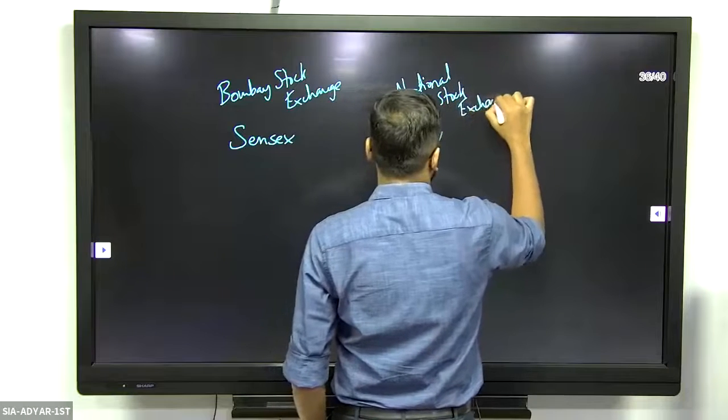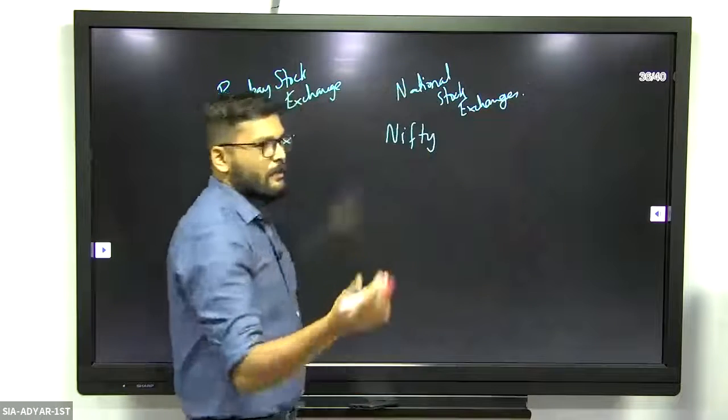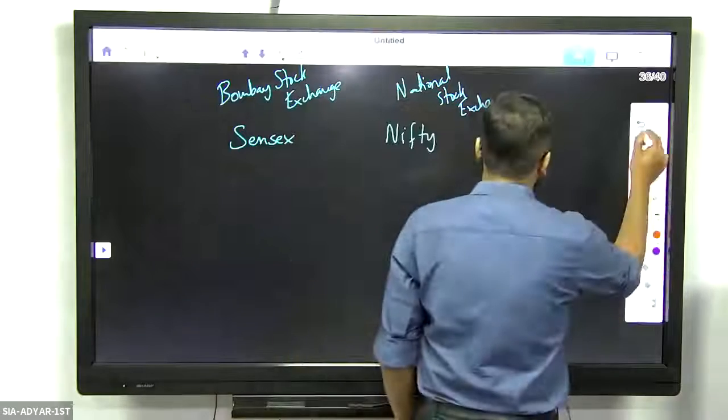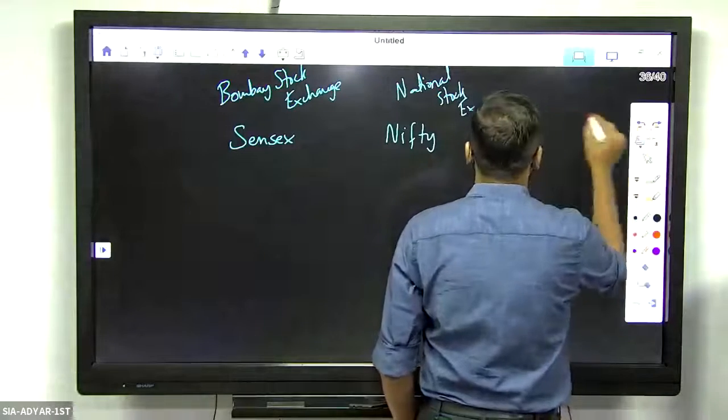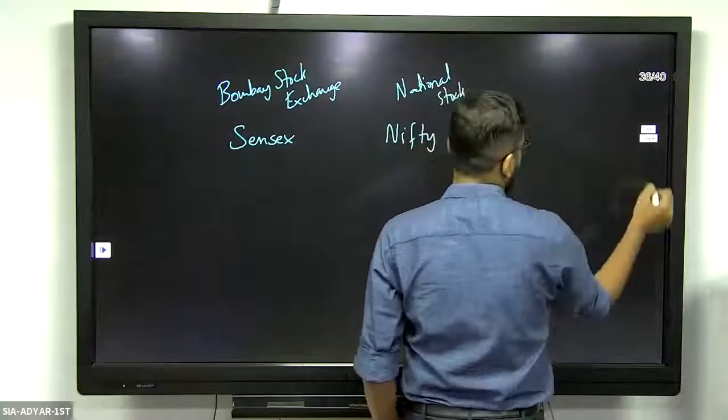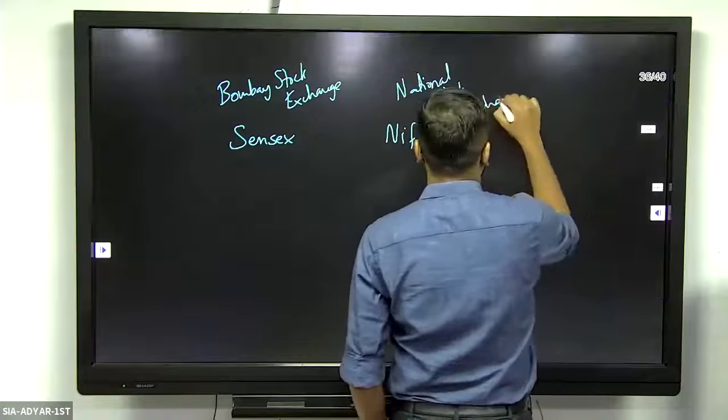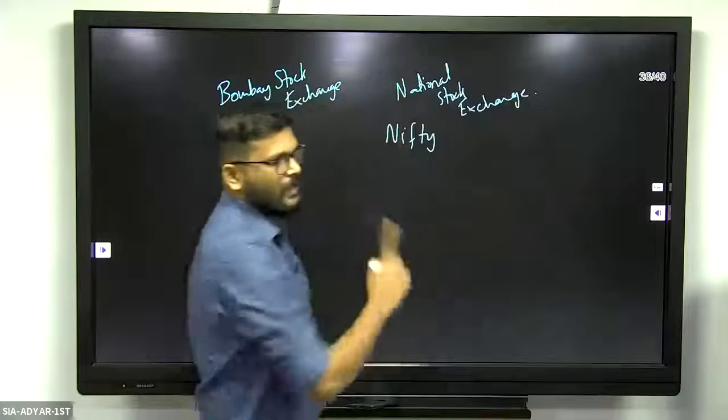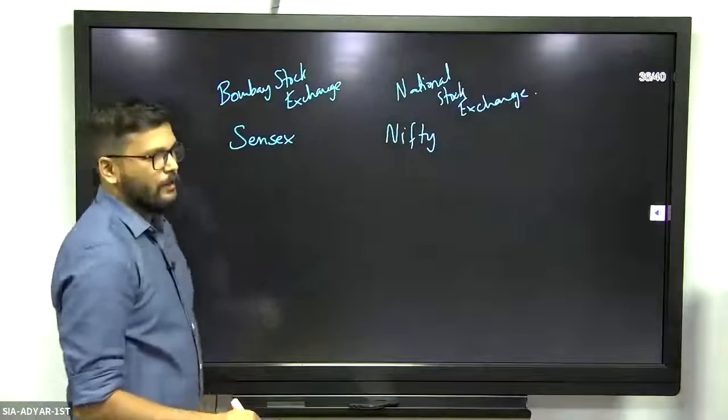Two exchanges where the stocks can be exchanged, where the shares of the companies can be exchanged. Secondary market. These are both examples of secondary market.